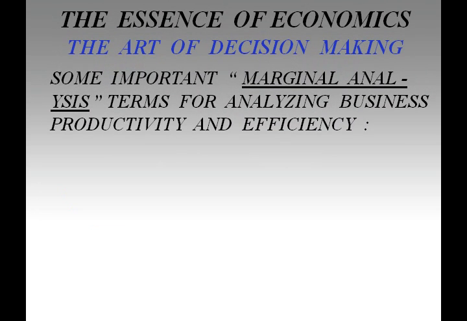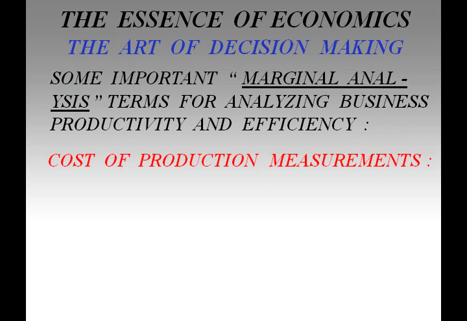Now, there are also some marginal analysis terms that we use to analyze productivity and efficiency. And to illustrate this, I'm going to go back to the category of cost measurement that I mentioned earlier in this part of the chapter, called the cost of production.